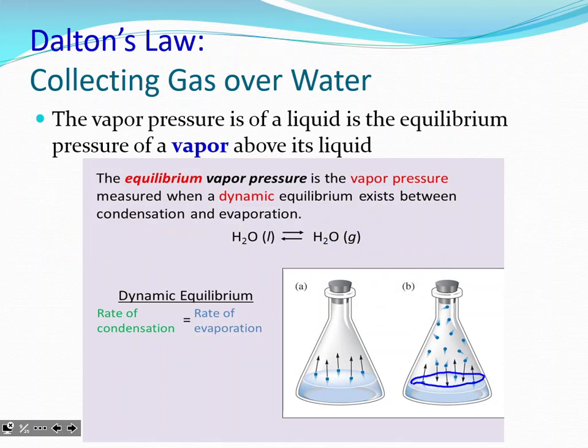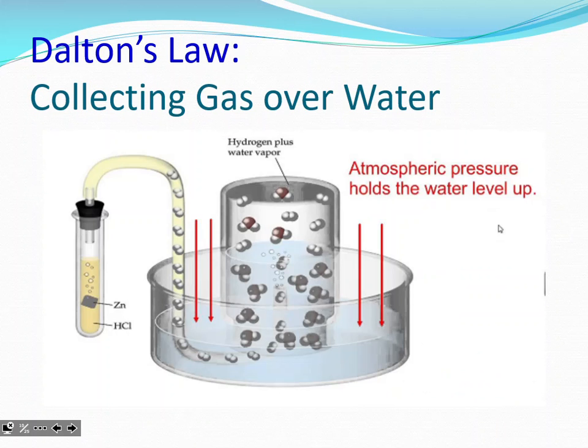Well, if you look here, when you're collecting gas over water from a reaction, you have your reaction vessel over here, and the tube goes into the water, and the gas comes up here and it starts collecting in either a graduated cylinder or some kind of measuring device.